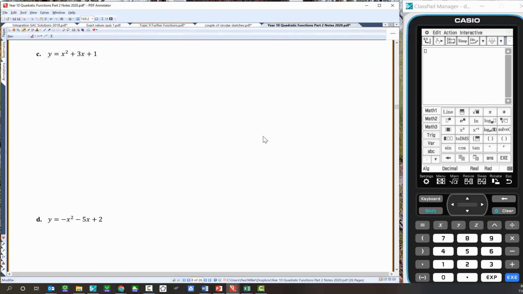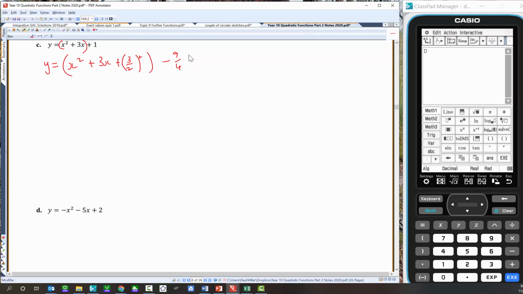Okay, so let's just try a couple more. So I'm going to sketch this one by grabbing the turning point. So this is going to be y equals x squared plus 3x, halve it, square it, add it. That's going to be 3 on 2 squared, take 9 on 4 plus 1, which I'm going to write as 4 over 4. y equals x plus 3 on 2 all squared, take away 5 on 4.